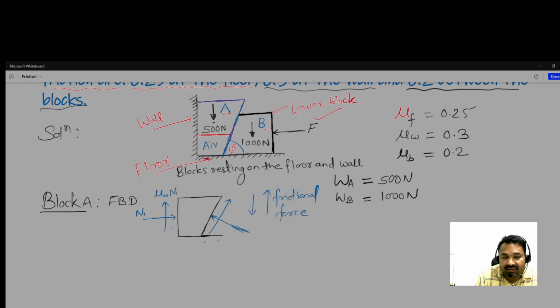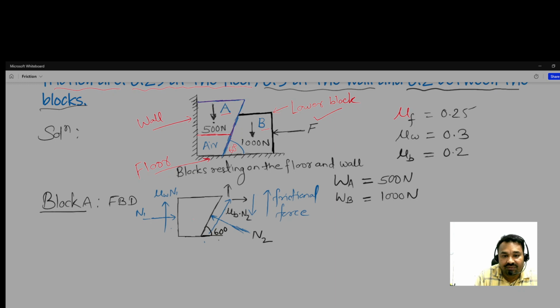And what about this direction? The angle here is 60 degree. This one is also 60 degree with the horizontal, and this is the vertical, and let us give its name N2. So this will be mu b multiplied by N2.